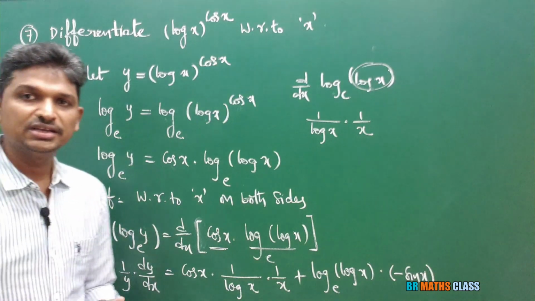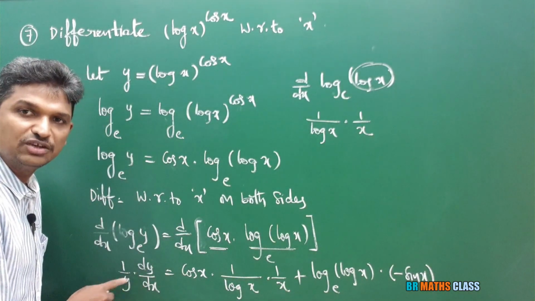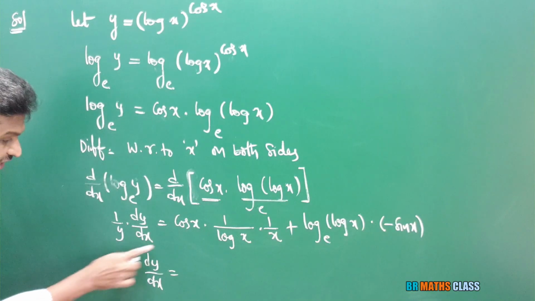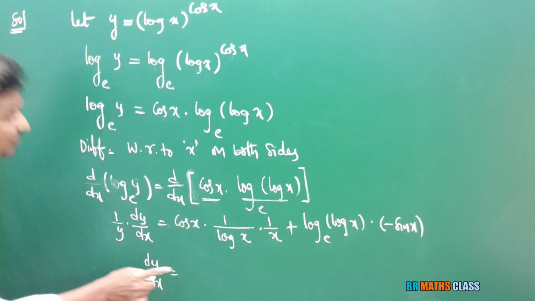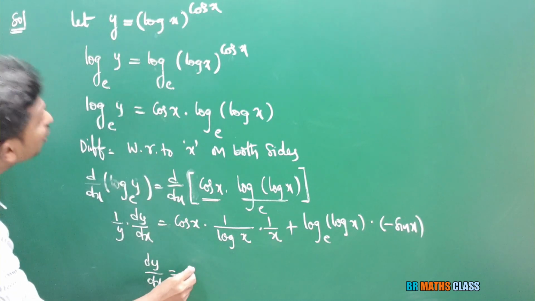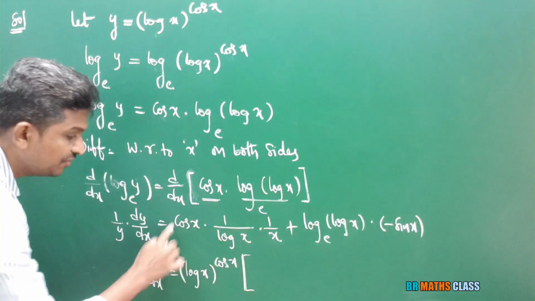So actually I need to calculate dy by dx. You look here, dy by dx is there. From this I can write dy by dx. You just take y to the right hand side. dy by dx equals, y to the right hand side. What is y? y is (log x) power cos x. So I'll write that, (log x) power cos x into, if I simplify this, what will I get?